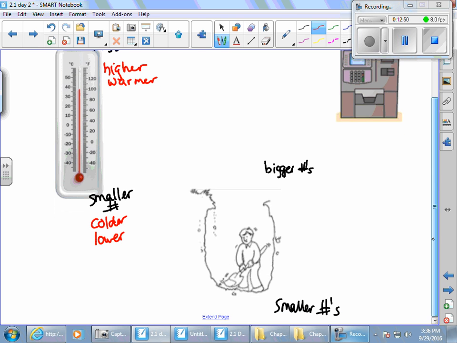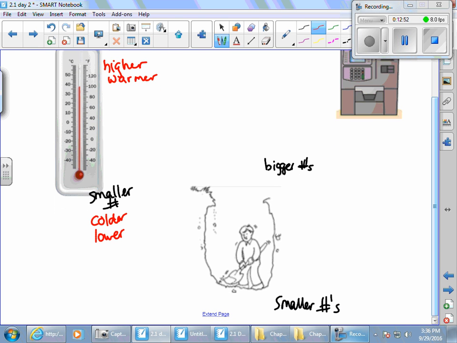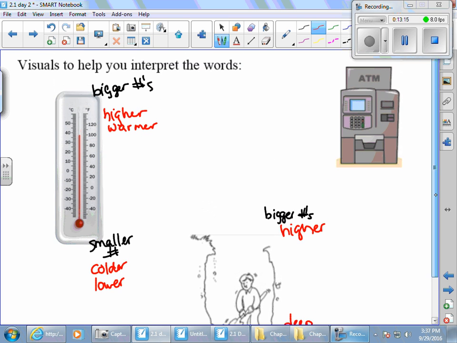With elevation, we might see higher, we might see lower, we might see deep. What else could we see? High, low, deep. I'll think on that one and see what else we can think of.